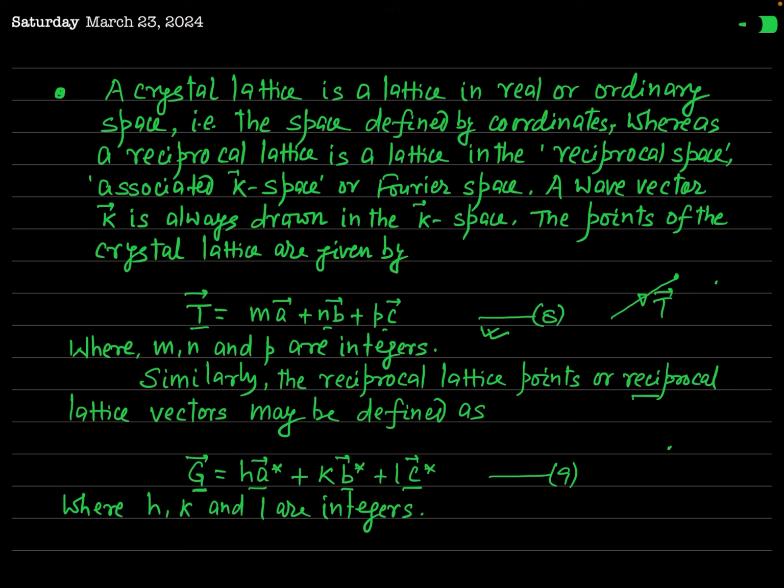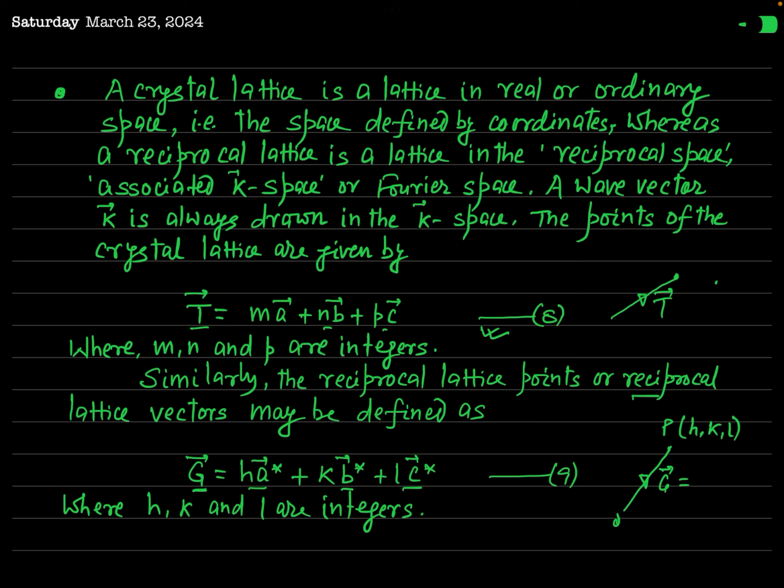Actually, if you consider there is a point P having the coordinates HKL, then with respect to any arbitrary origin, the position vector of this point is defined by G, and that will be equal to HA star plus KB star plus LC star.